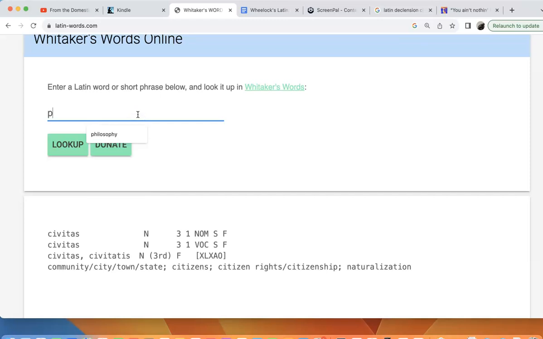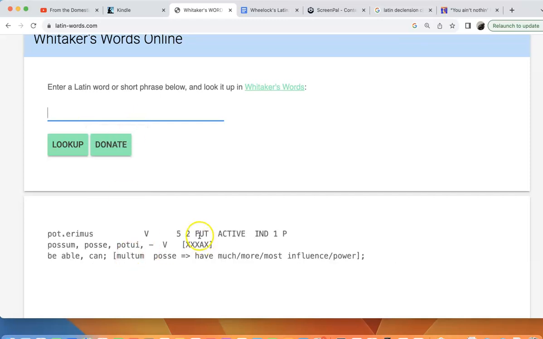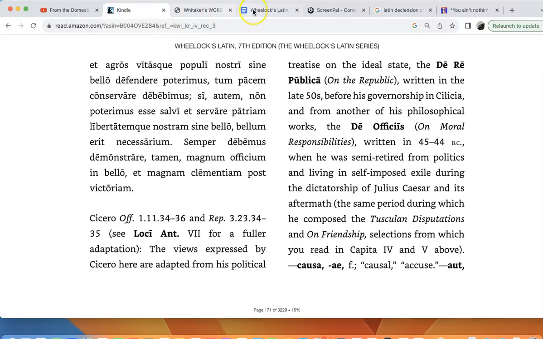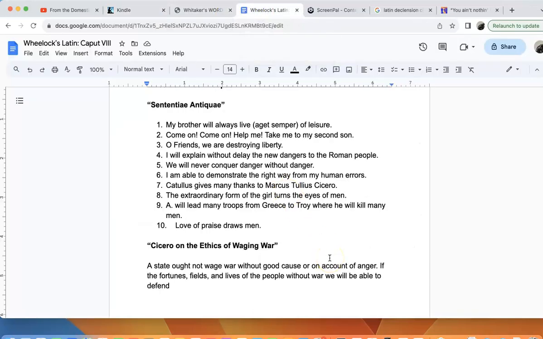Again, we can confirm that right here. Yeah, so it's future tense. So if we will be able, but English likes that subject and verb earlier, so we might want to say if we will be able to defend. So let's go ahead and just change that.